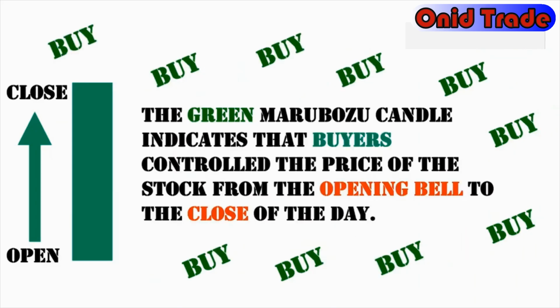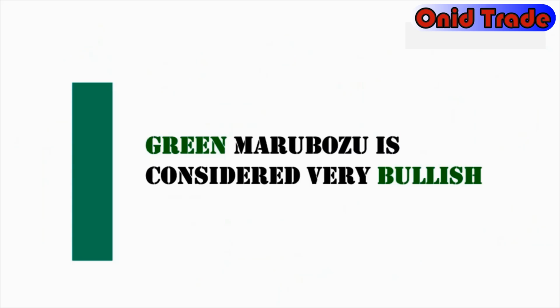The green Marubozu candle indicates that buyers controlled the price of the stock from the opening bell to the close of the day. The traders are completely in buy mode. So simply we can conclude that the green Marubozu is considered very bullish in nature.